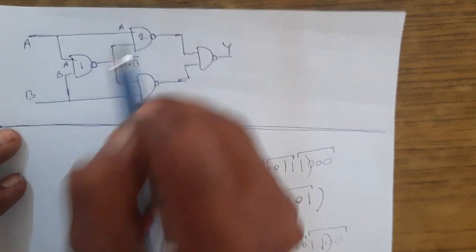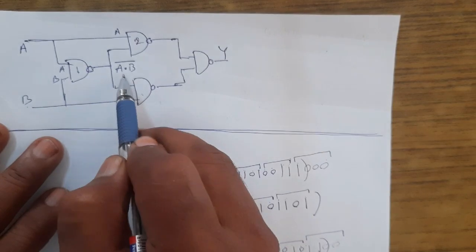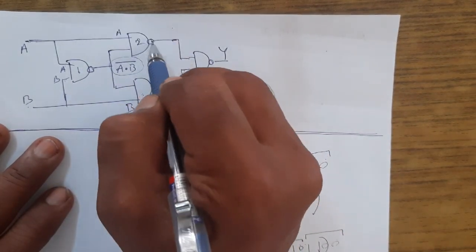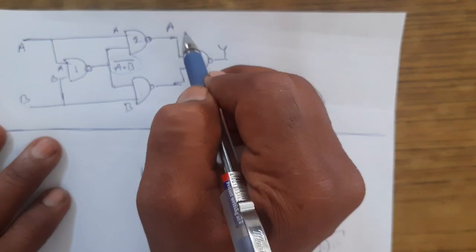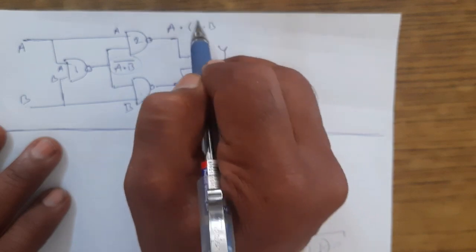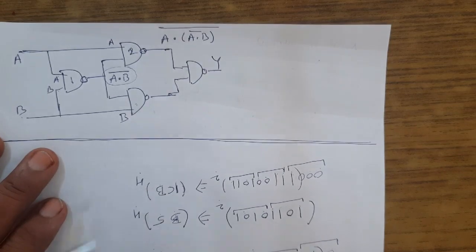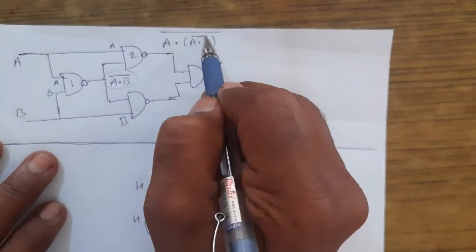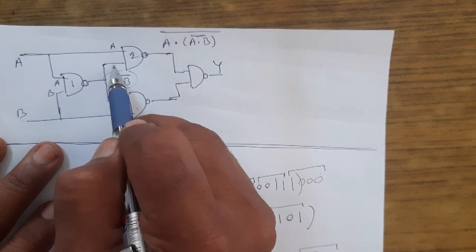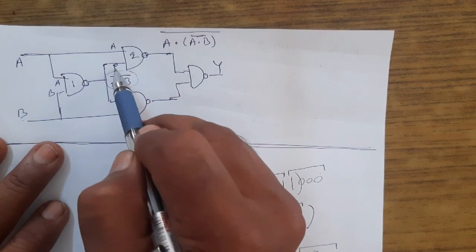But for this second NAND gate, the interesting thing is that one input is A, but the second input is (A dot B) complement, and therefore its output will be A, then the second will be A dot B complement, and then its complement. Now you may think about this in an interesting manner. Suppose if I represent this as P, then the output should be (A dot P) complement.